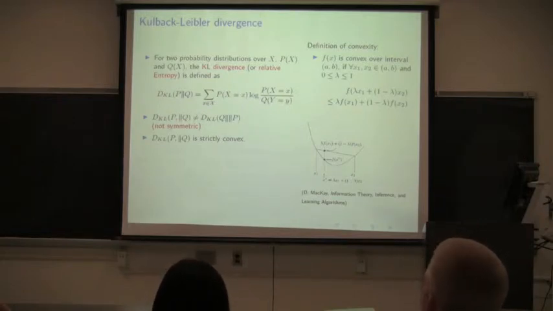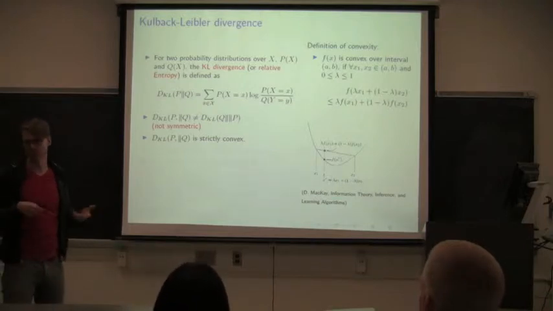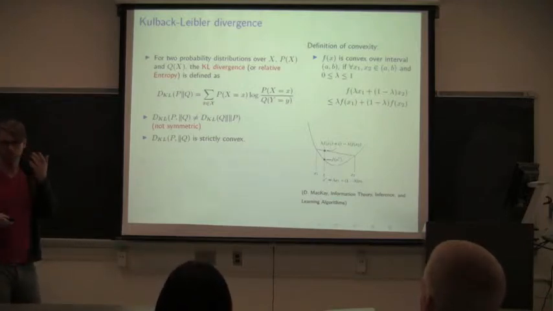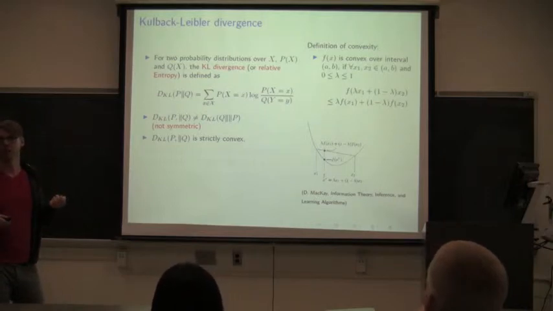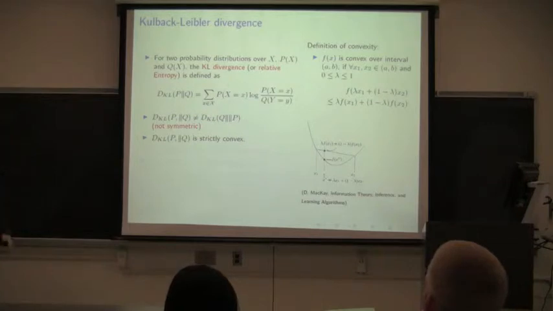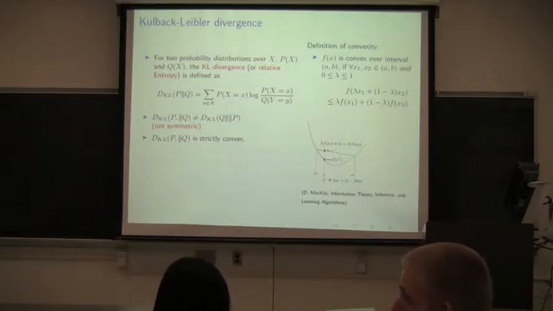Then the KL divergence gives me a distance between these two distributions, between the true and my approximation family. So it gives me a recipe for how to choose a good approximation. For example, I could minimize the KL divergence between these two. It also tells you how much information you would lose if you approximate P with Q.